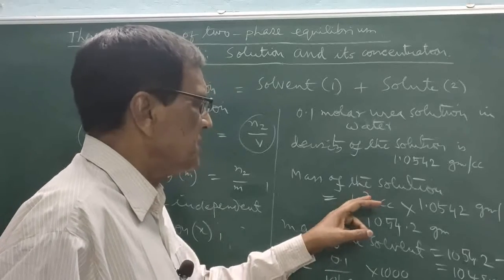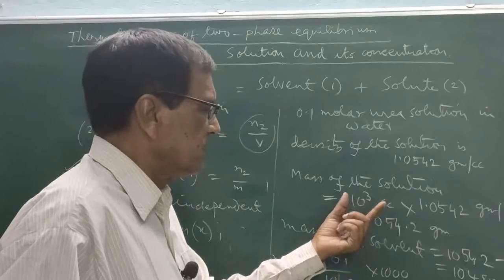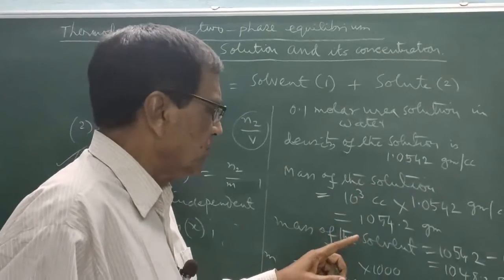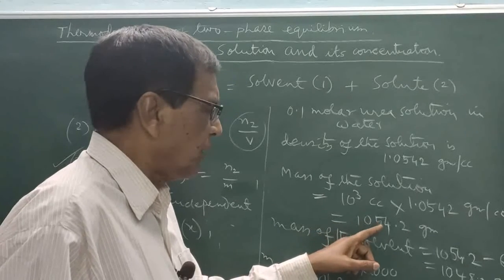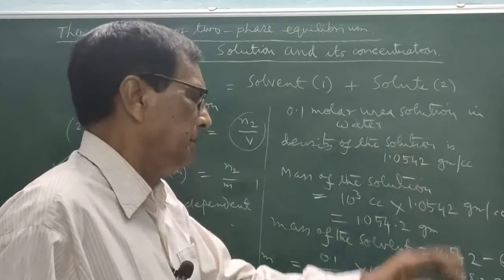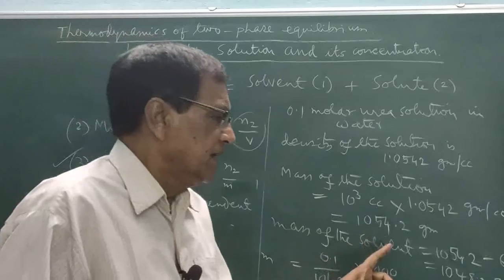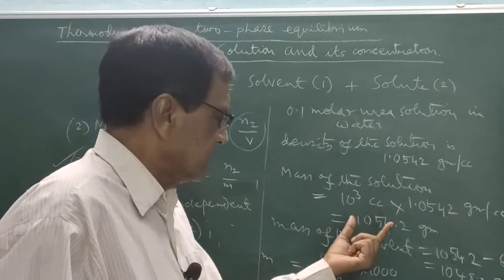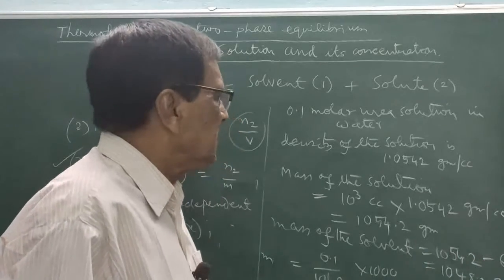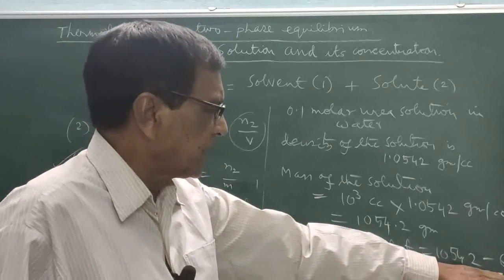So for 1000 cc, the mass of this solution is the volume of the solution multiplied by the density, which gives you 1054.2 gram. And the mass of the solvent is this mass of the solution minus the mass of the solute to be deducted here.